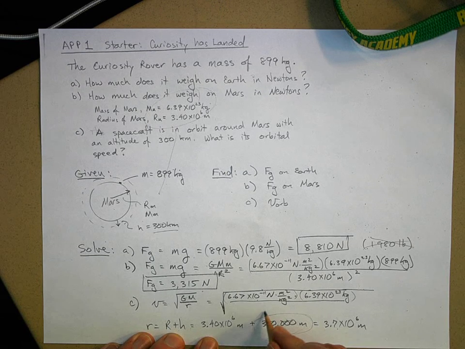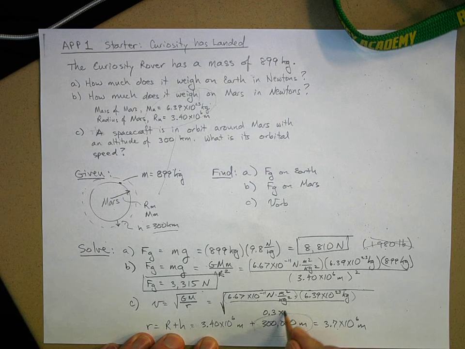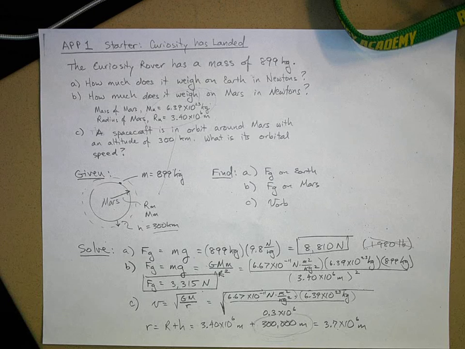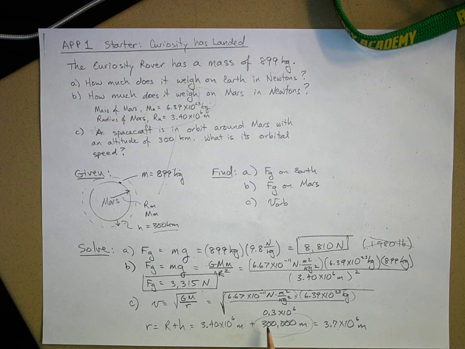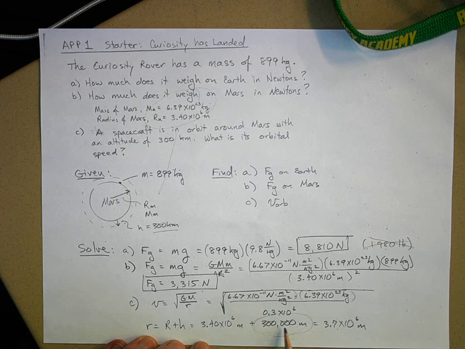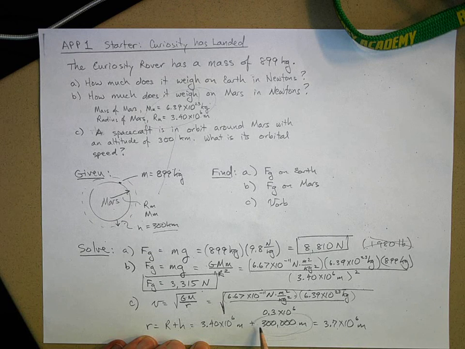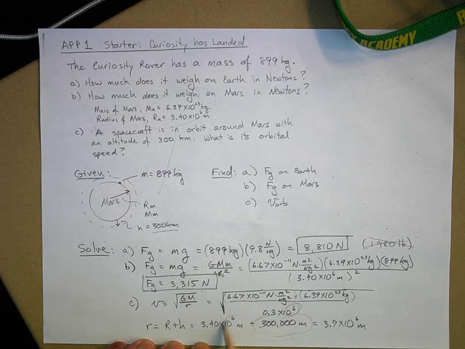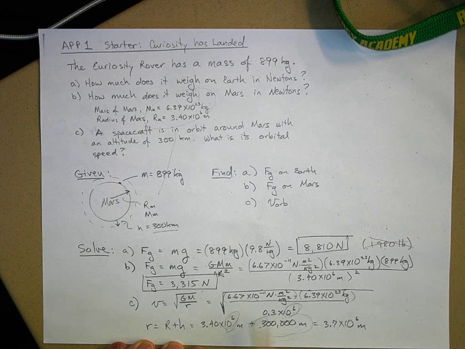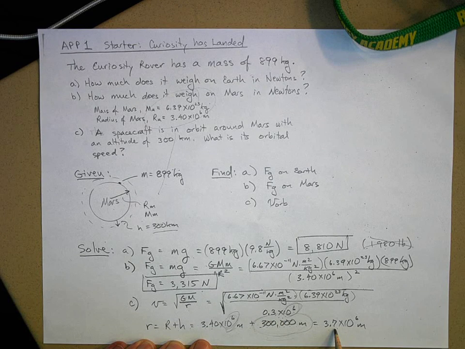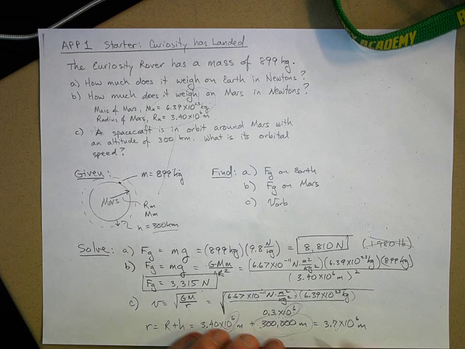This is like 0.3 times 10 to the 6, isn't it? If I move this over 1, 2, 3, 4, 5, 6 places, that's 10 to the 6, 0.3 times 10 to the 6. And why did I want this to be 10 to the 6? Well, this is 10 to the 6. So now I can just go 3.4 plus 0.3. Well, that's 3.7 times 10 to the 6. Now I can plug that in over here.